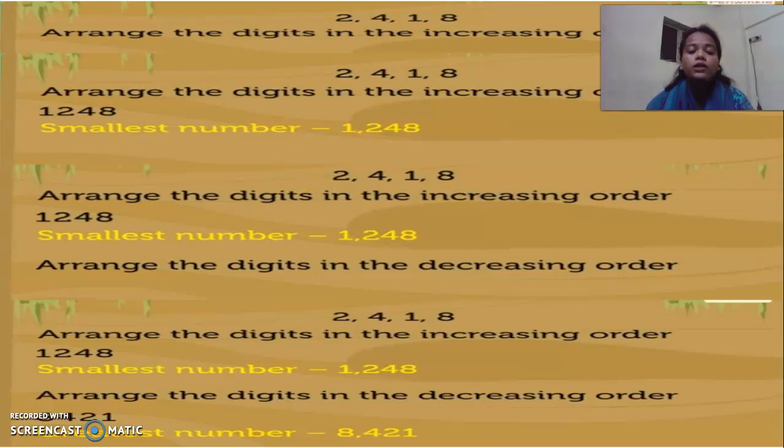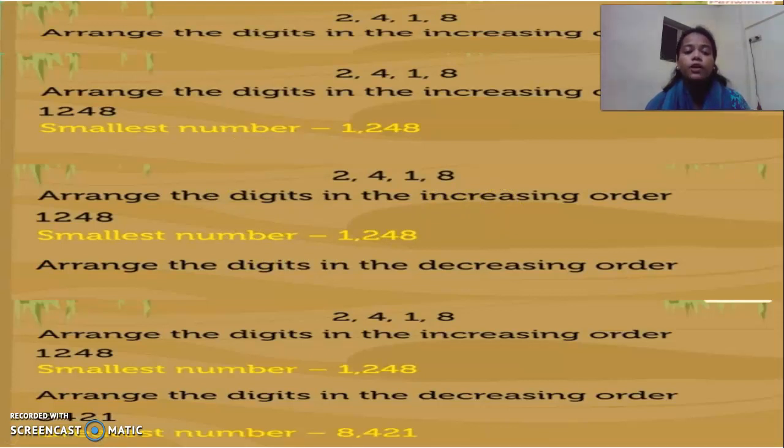So we arrange the digits as 1248. Thus we get the smallest number as 1248.